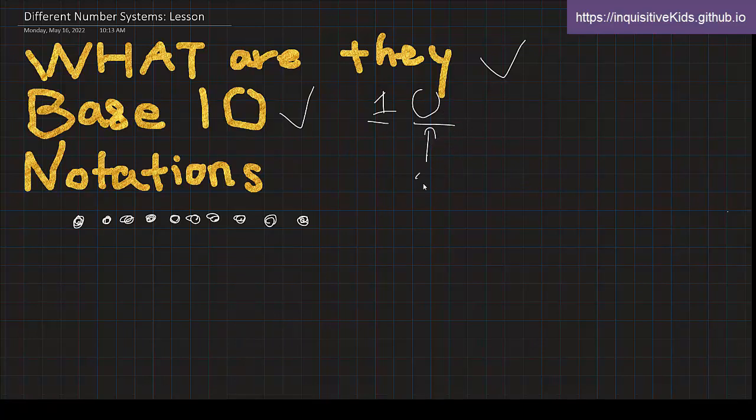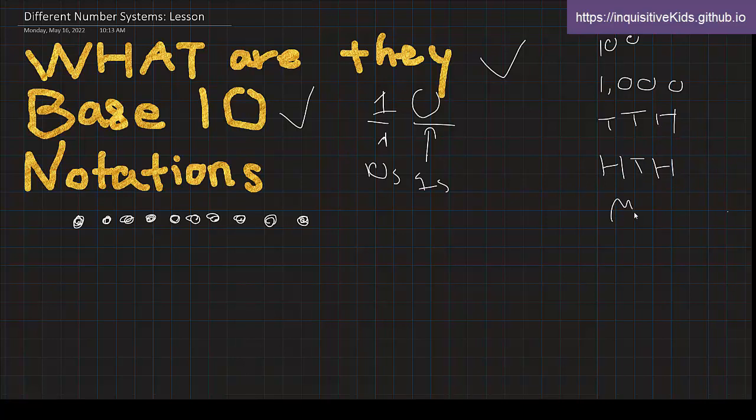This is the ones place, and this is the tens place. If you keep going, it would be the hundreds, then the thousands, then the 10,000s, then the 100,000s, and then the millions, 10 millions, and so on.